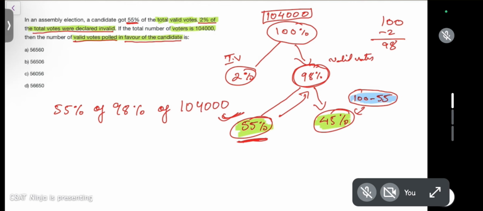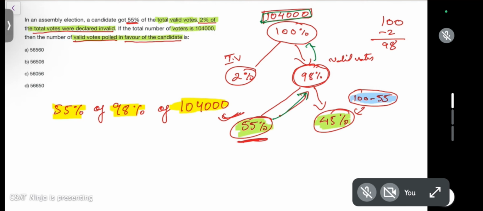So you just write continuously. That means 55% of 98 and 98% of 100. But 100 here is this one in this case. That's what I've written. 55% of this one and 98% of this one.